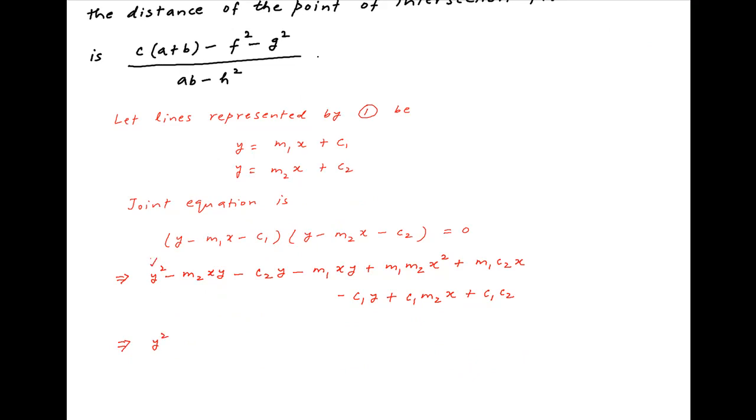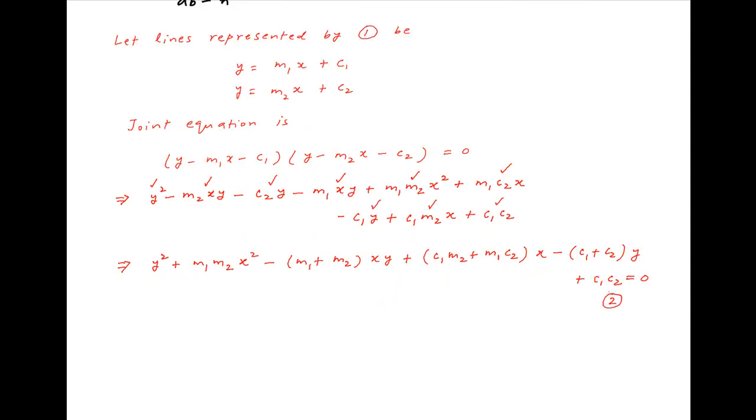Collecting the coefficients of like terms, we get y² + m1m2x² - (m1 + m2)xy + (m1c2 + m2c1)x - (c1 + c2)y + c1c2 = 0. Let's denote this by equation 2.